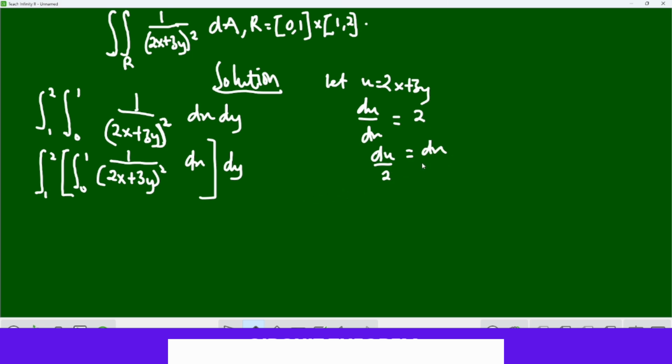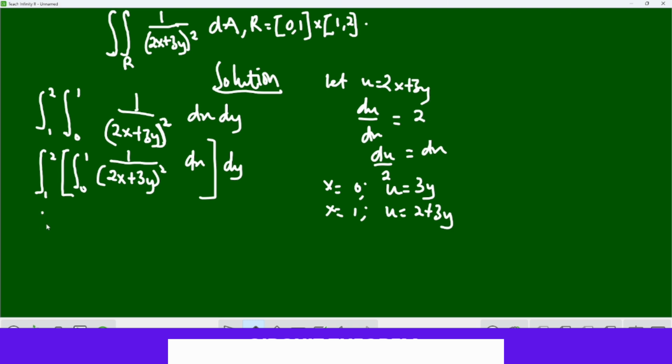Since I've changed to u, I have to change the limits of x. At x equals 0, u is equal to 2x plus 3y, and 2 times 0 is 0, plus 3y, I get 3y. And at x equals 1, I put it into the same equation, so u is equal to 2 plus 3y.